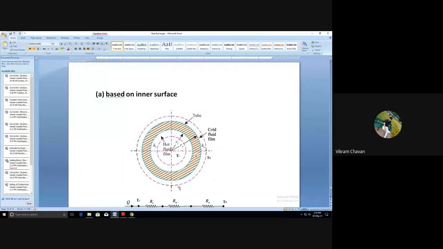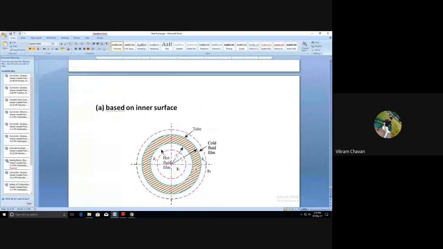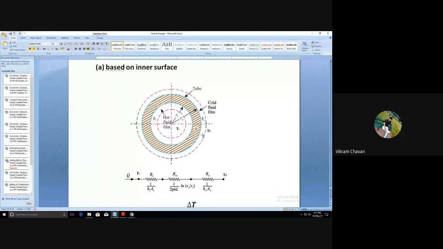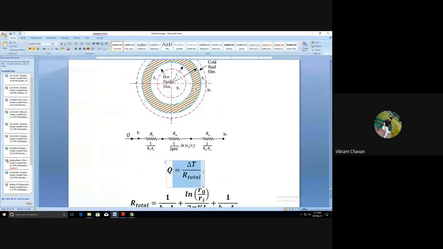So then you will get an idea about the... based on inner surface. First part is based on inner surface. I will delete this.